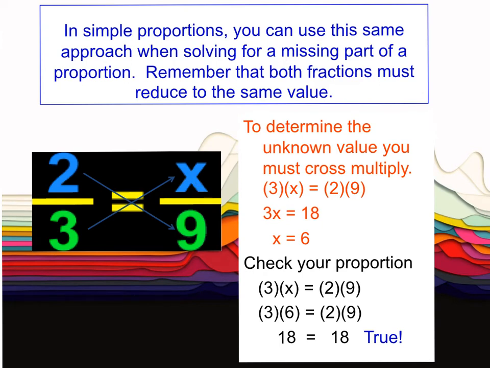So we do 3 multiplied by x is equal to 2 multiplied by 9. We get this simple equation, we solve, and we get x equals 6. You can then plug this answer back in and reduce the ratio to get 2/3, or plug it back into the simple equation you created and see that it's also true. So 6 does check out.